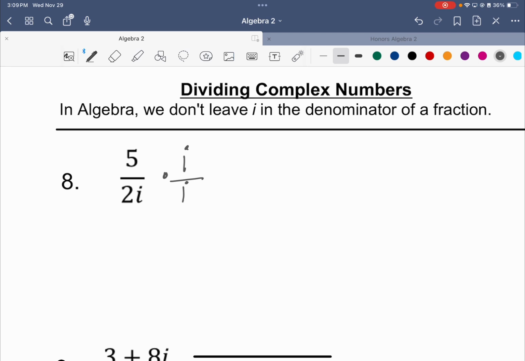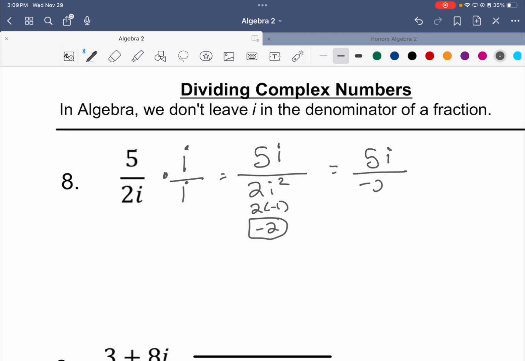We're not doing anything. But when you multiply fractions, you take the top times the top, right? What's 5 times i? 5i. What's 2i times i? 2i squared. But what's i squared equal to? Negative 1. So what's the bottom really? Negative 2. So the answer to this is 5i over negative 2.